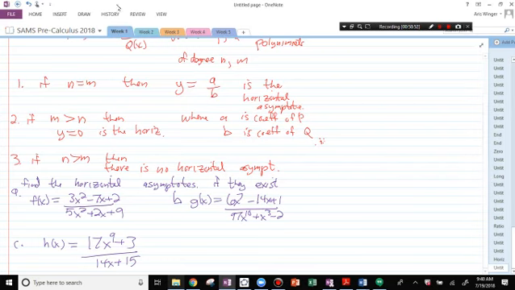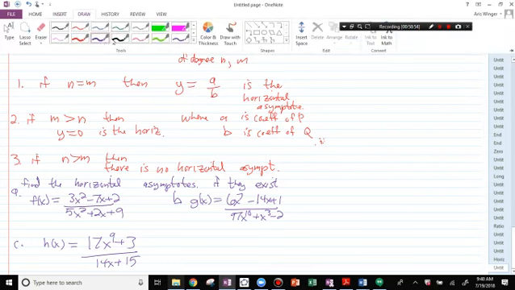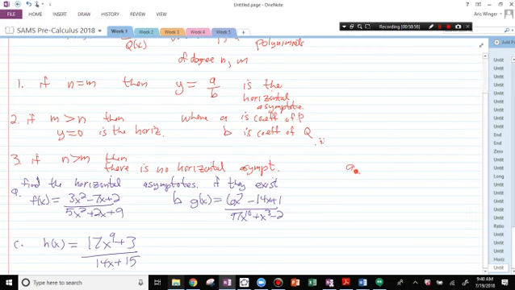We're looking for a line. The answers to these, A, B, and C, are y equals, y equals, y equals. A, y equals 3 over 5. In A, the powers are equal.